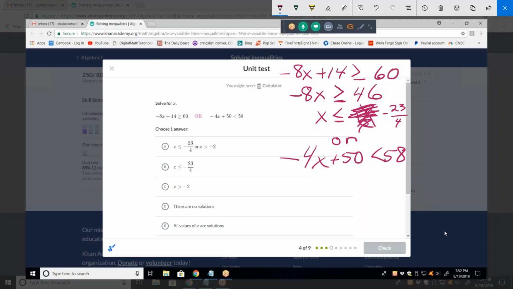So negative 4x is less than 8. Keep going. So x is greater than negative 8 over 4. Simplify. That would be negative 2. So we got this answer here, or this answer there. Well, that looks a lot like A.